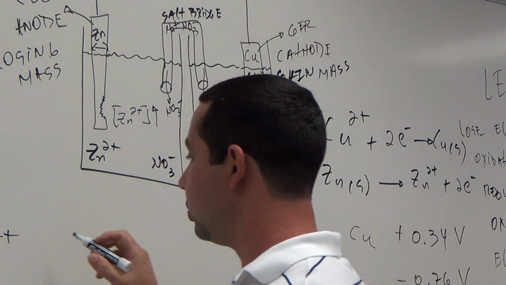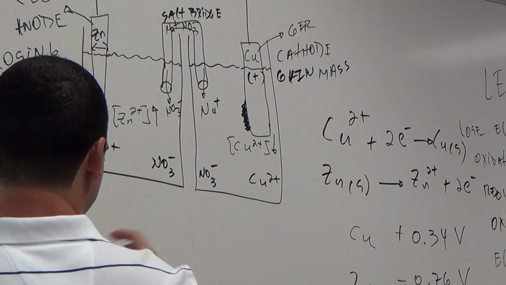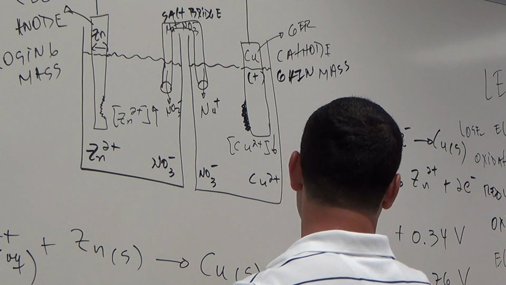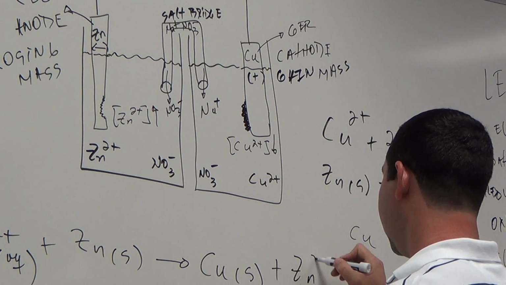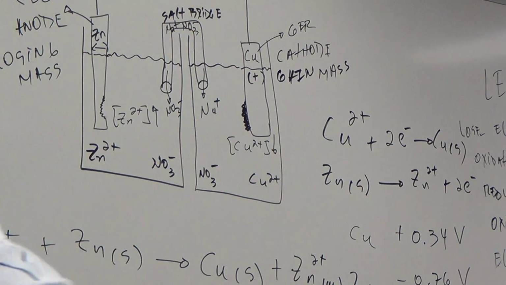So copper 2 plus plus zinc solid will give you copper solid plus zinc 2 plus. You agree? Yes or no? Yes.